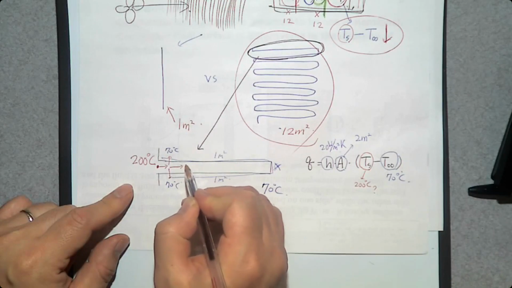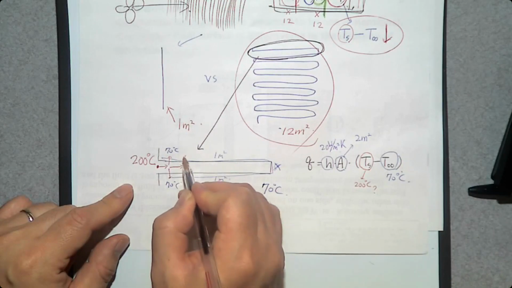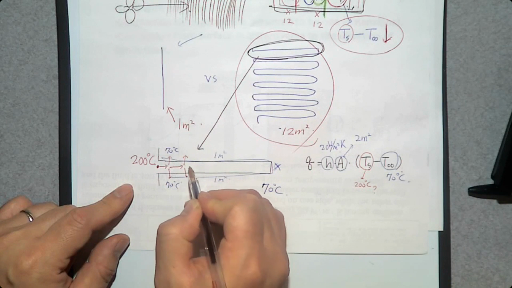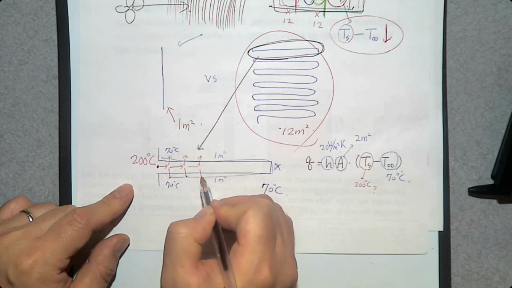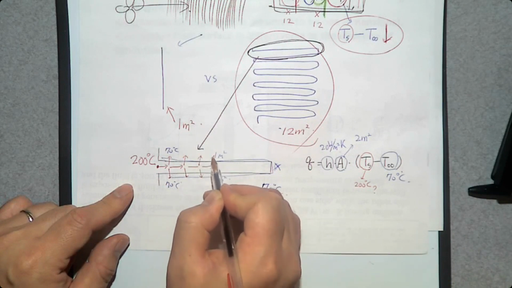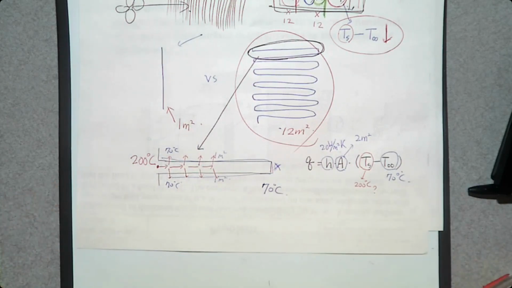Oh, some of them, I don't want to go this way. The surrounding is 70, so I'm going to go this way. No problem. Then what's going to happen? Heat is transferred from this fin to the surroundings on the way, by conduction heat transfer.